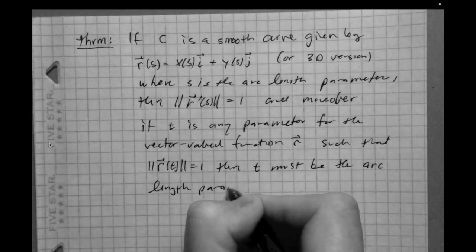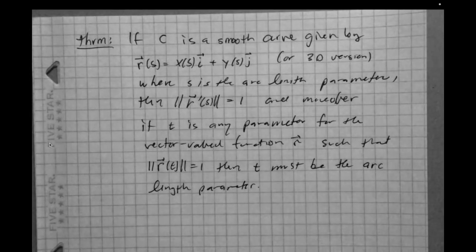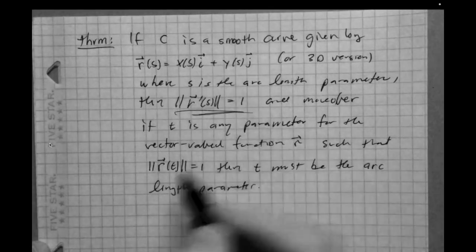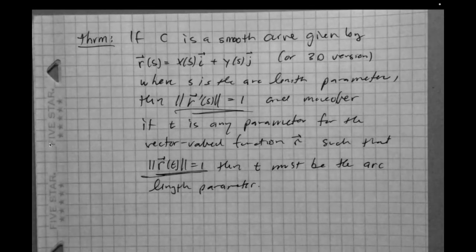This says that the arc length parameter is unique. There's only one parameterization of r where the norm is equal to 1, so there's no other way to parameterize r that's distinct from the arc length parameter while maintaining this condition.